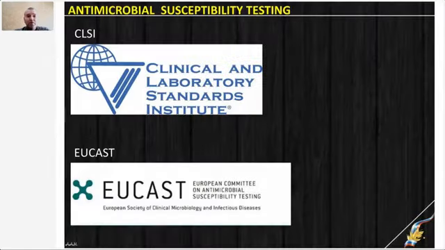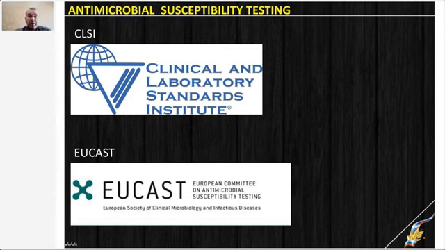Nowadays we have 2 major standards, 2 organizations or institutions which deal with evaluation of antimicrobial activity. It is the CLSI, Clinical and Laboratory Standards Institute, an organization located in the USA. And it is EUCAST, the European Committee on Antimicrobial Susceptibility Testing. It is, as is obvious, located in Europe.